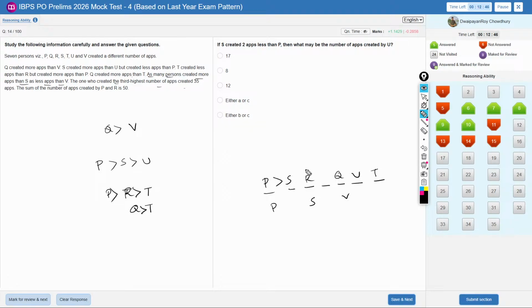S greater than U. Q created more apps than V. S created more apps than U but less than T. T created less apps than R but created more than P. Changed everything. So R, T, P, S, U. Q, T. Q.